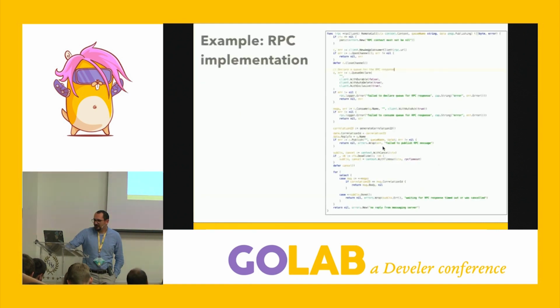So this is an example of the RPC implementation. I hope that you can sort of see the code, but I will just show you some of the key points. So the implementation of this RPC is actually using the interface that we provide in our own library. So we reuse our own code in this case.